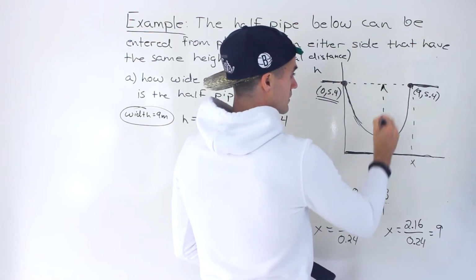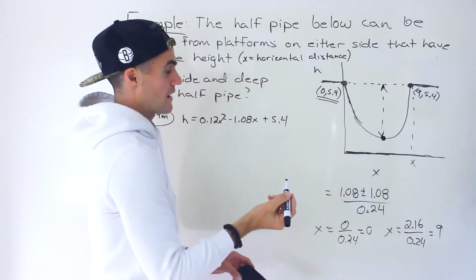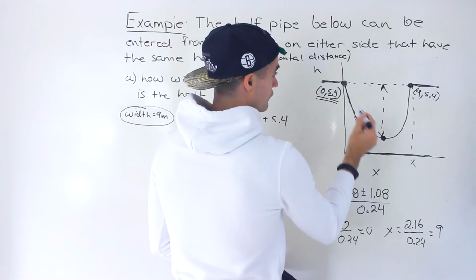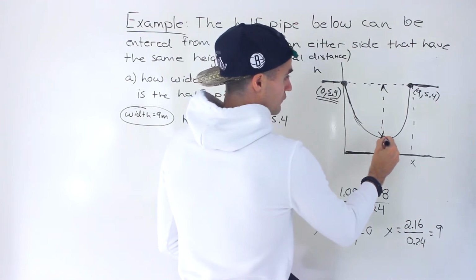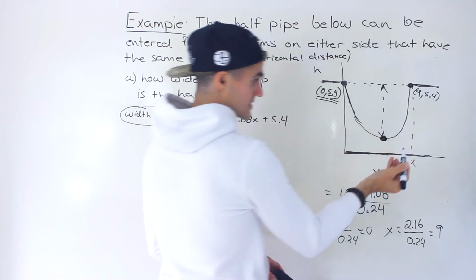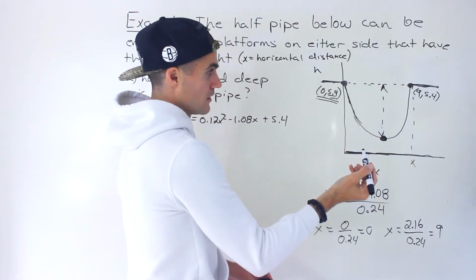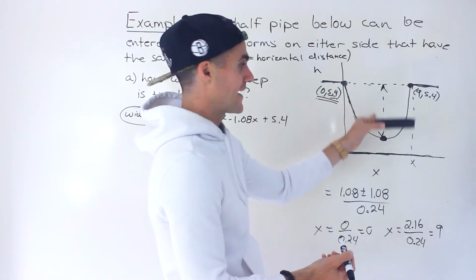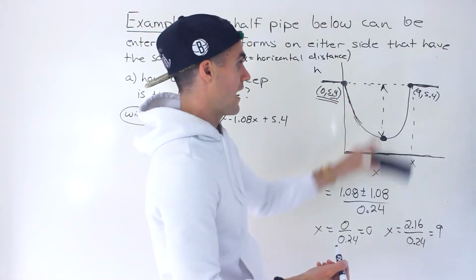That's going to be the depth of the half pipe. Now we know that this dotted line has a height of 5.4. If we could find out what the height of this vertex is right here, then we could take the difference between that height and 5.4, and that's going to be the depth of the half pipe.